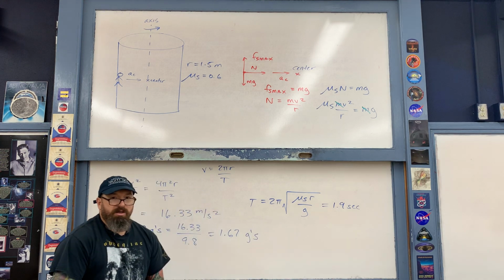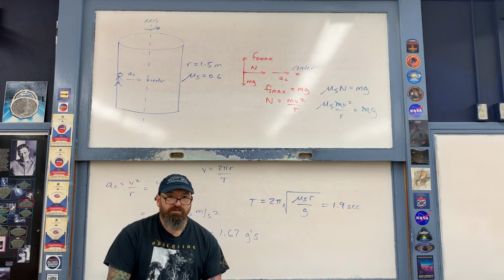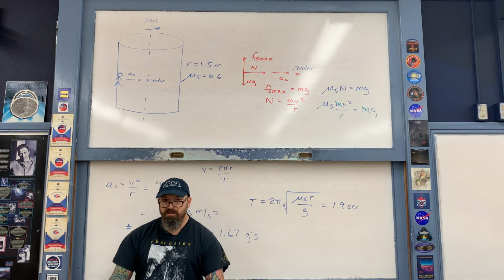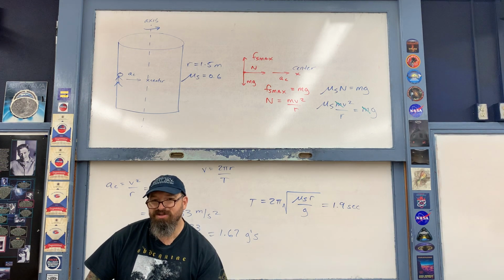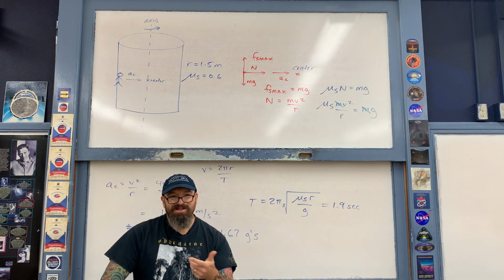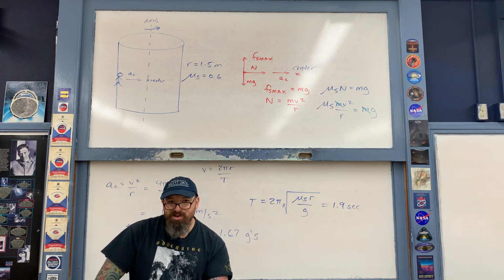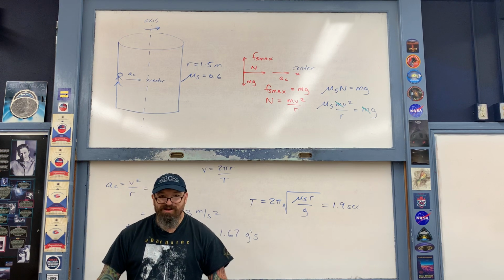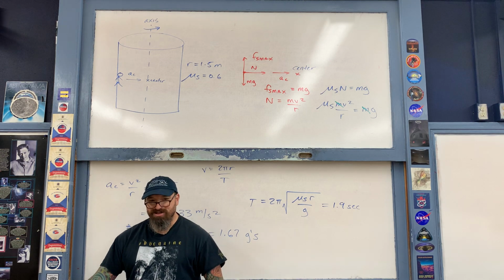Therefore the amount of fictitious force that you feel inside the ride, throwing you away from the center of the circle, is 1.67 times your weight. It's as if somebody who weighs 1.67 times as much as you is distributed evenly on your body, throwing you away from the center of the circle.